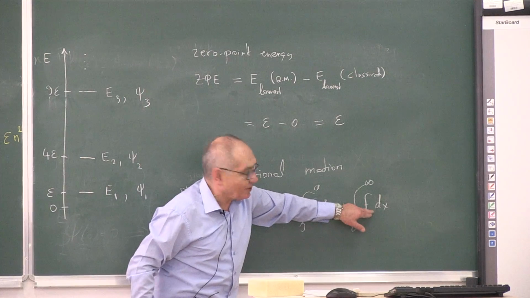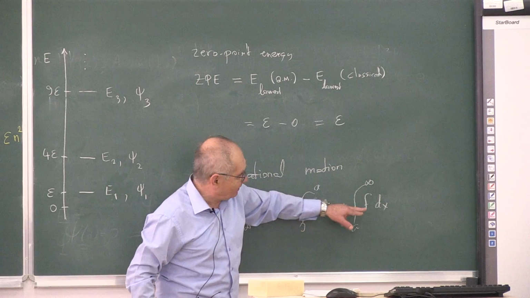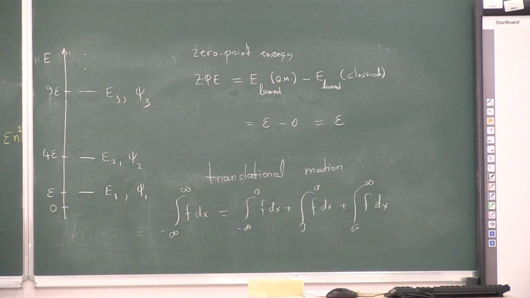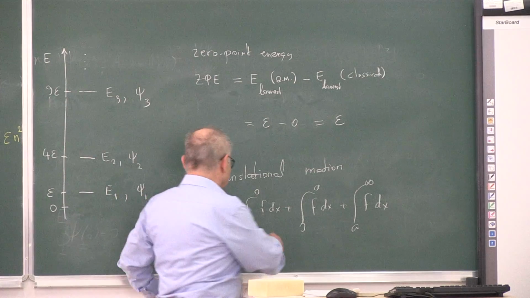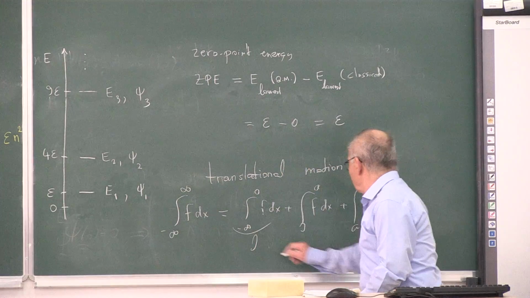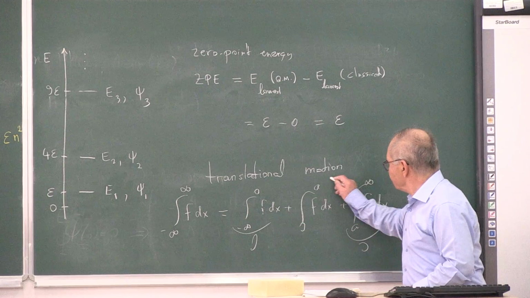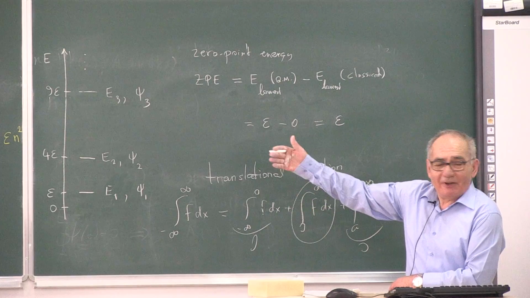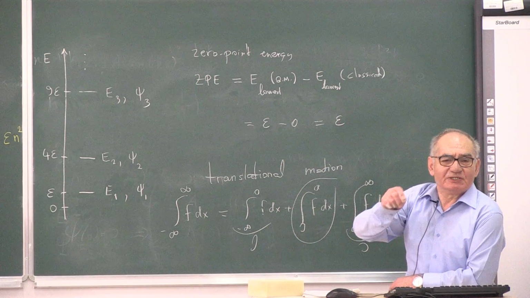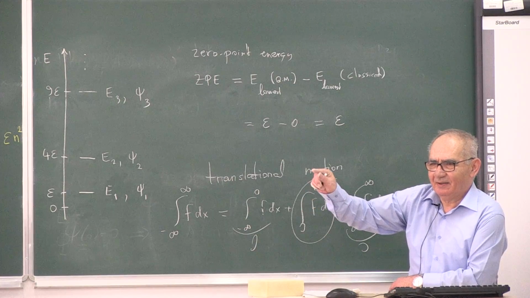The same thing is true for this one, because x is from a up to infinity, and the function is 0 everywhere there. Therefore, the only non-zero part is which part? This is 0, this is 0, and this is non-zero. In other words, effectively, for this particle, all space is only x from 0 to a.